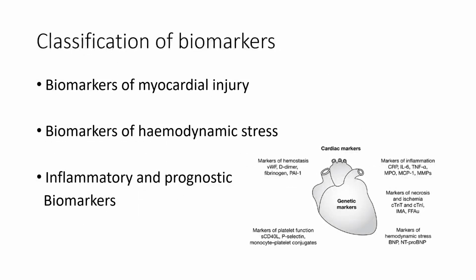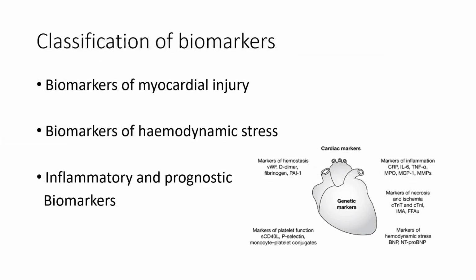Now how do we classify these cardiac biomarkers? They are classified into biomarkers of myocardial injury, which are markers of myocardial ischemia and myocardial necrosis. Then there are biomarkers of hemodynamic stress, and then there are biomarkers for inflammatory and prognostic purposes.